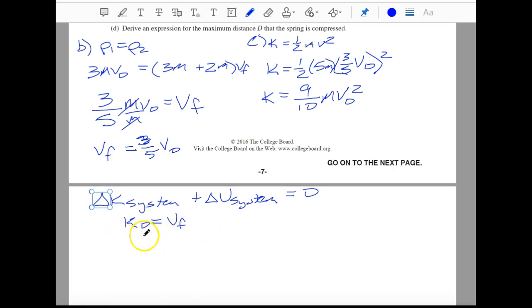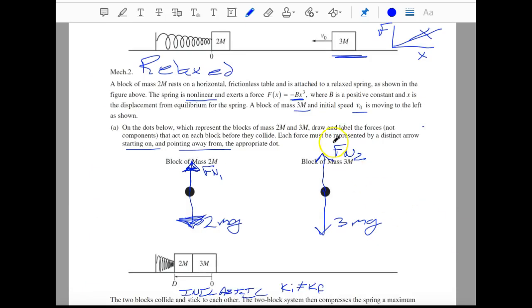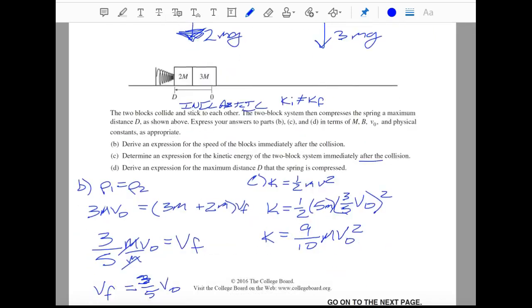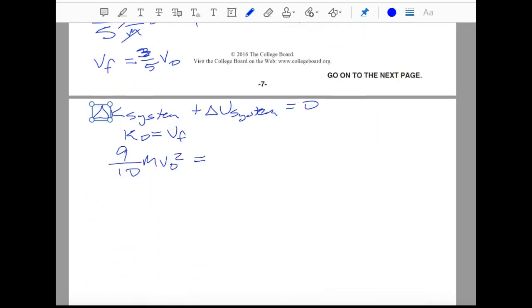Kinetic energy original is what we have here, so this is 9/10 times m v original squared. And then that is equal to the potential energy final. We know that the force is negative bx cubed, and if I want energy, remember energy is equal to work.